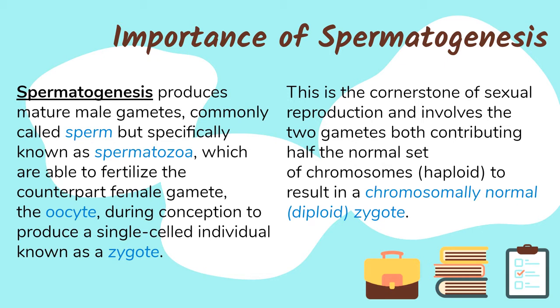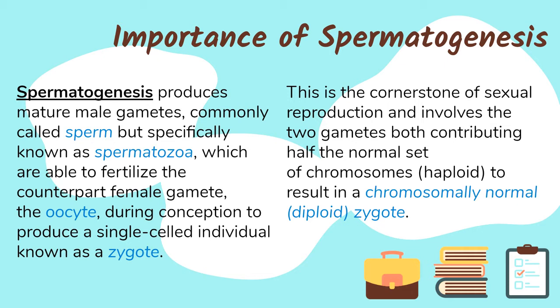If something went wrong in spermatogenesis, instead of a 23 chromosome sperm cell, it could produce a 24 chromosome sperm cell. And when it fertilizes an egg cell, it could result in, instead of 46, a 47 chromosome zygote. And sadly, that could create a lot of problems for the offspring.